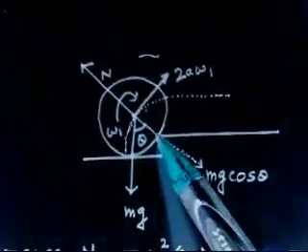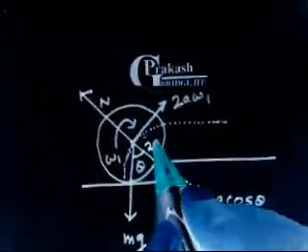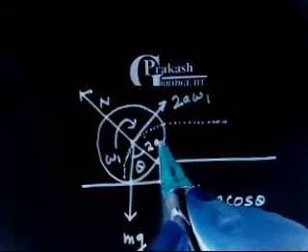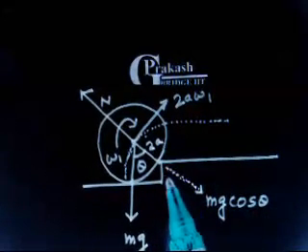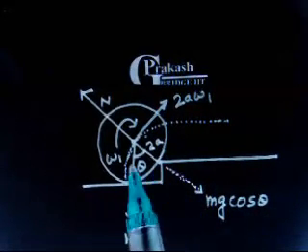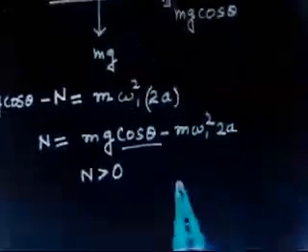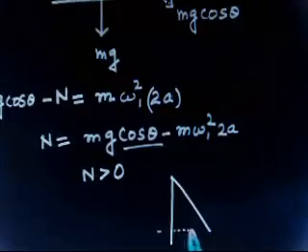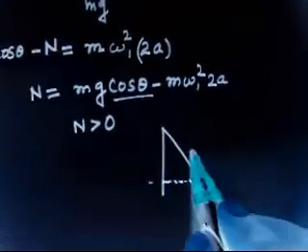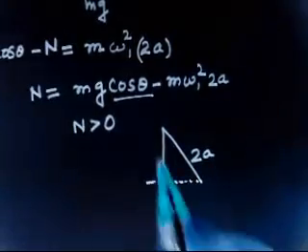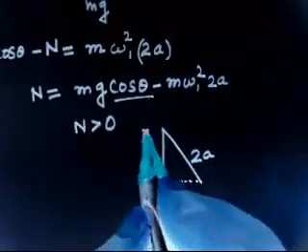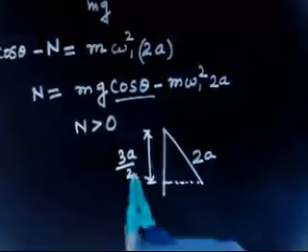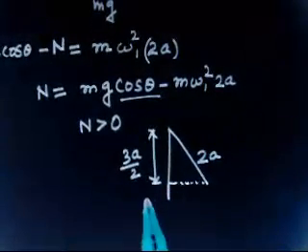So at this point, what is the cos theta? This height is 2a, so this length is the radius 2a. Now let us say I make a perpendicular from here. So this is the cos theta. If I make a perpendicular from here, this length is 2a, this length is 3a by 2, and this length is simply a by 2.